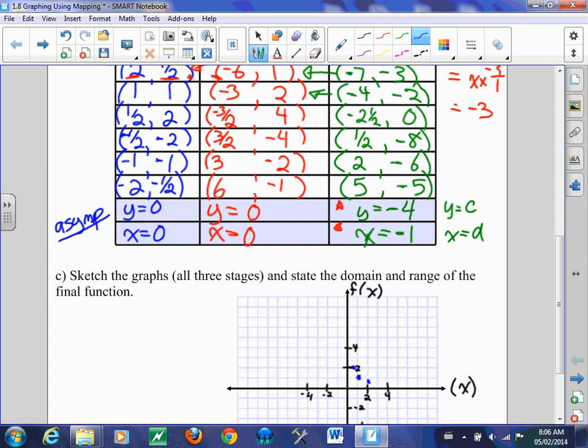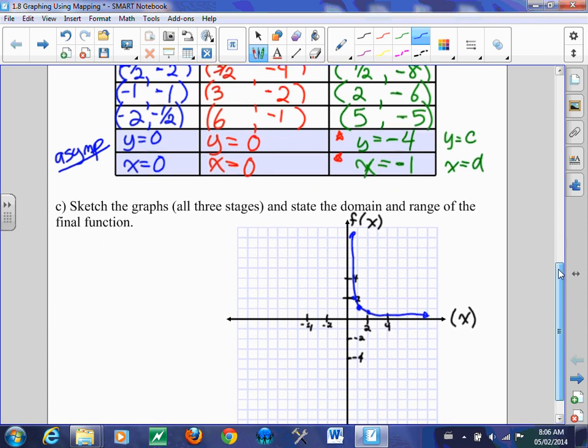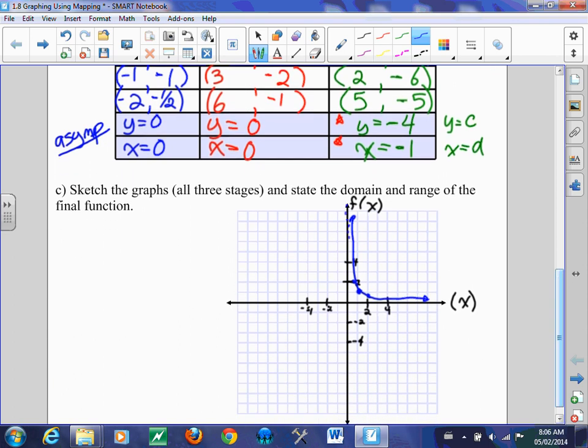Notice that it approaches the asymptote. In your parent function, remember you have an asymptote at x equals 0 and an asymptote at y equals 0. You may wish to start with that to help you with your graphing.